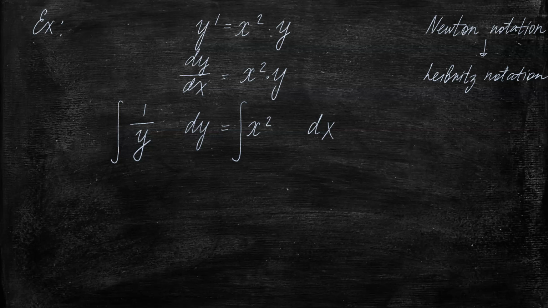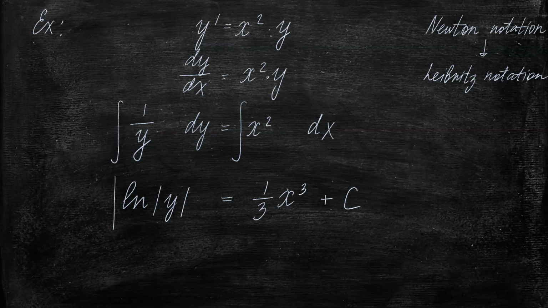So on the left side, we have the natural log of the absolute value of y, and on the right side, we have 1/3 x cubed, and technically you would add a constant here and a constant here. They will not be the same constant, but instead of having two constants, why don't we just have one constant? And you can pick the side, whichever you like, to add that constant.